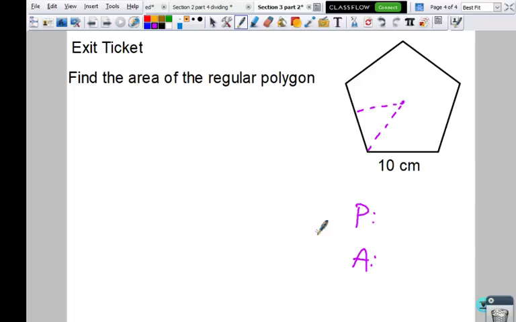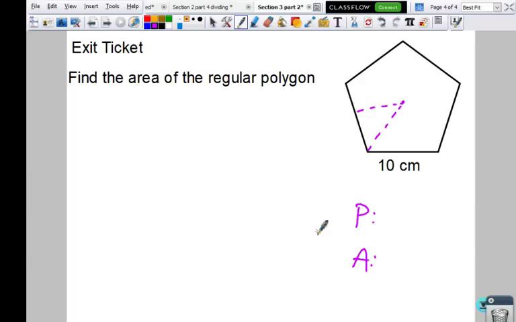So the whole thing equals 360, right? You're supposed to divide that by 5, and then you're supposed to divide this by 2 because it's half of that. So no matter what this is, you have to divide by 2. Okay, so you did it wrong. You're supposed to divide the 72 by 2.